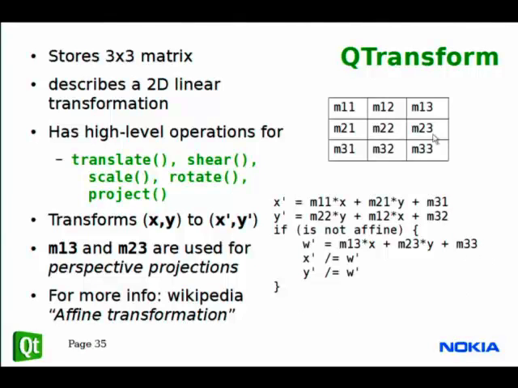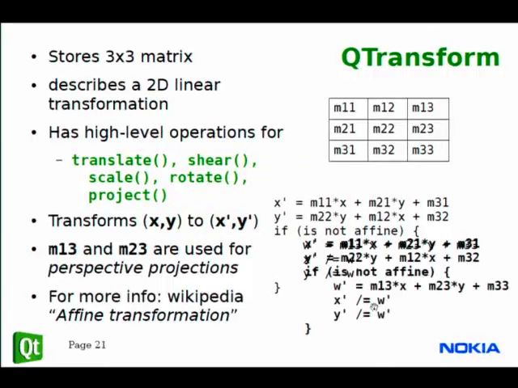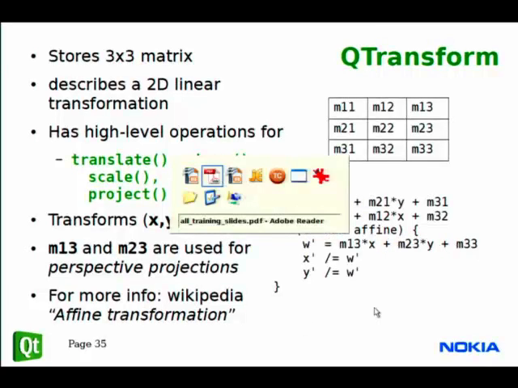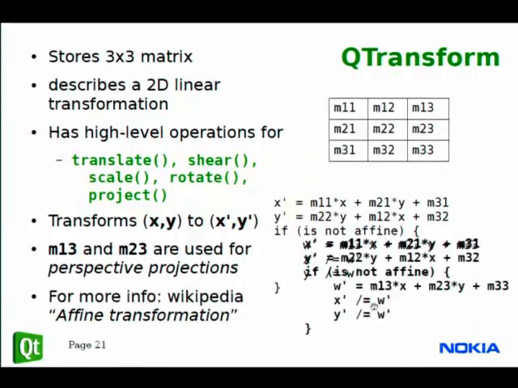And then the M13 and M23 matrix items are used if we're doing perspective transformations, which are also known as affine transformations. Weird. Okay, well anyway, this is what it's supposed to be, and this is what it looks like on your slide. Sorry about that.